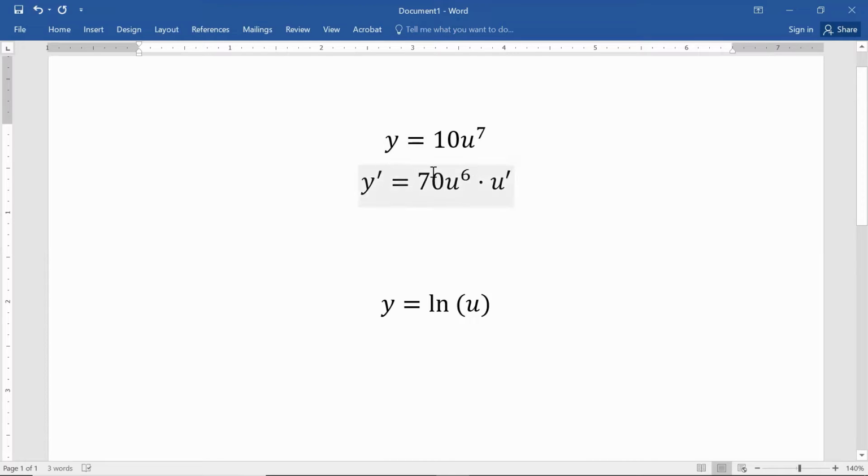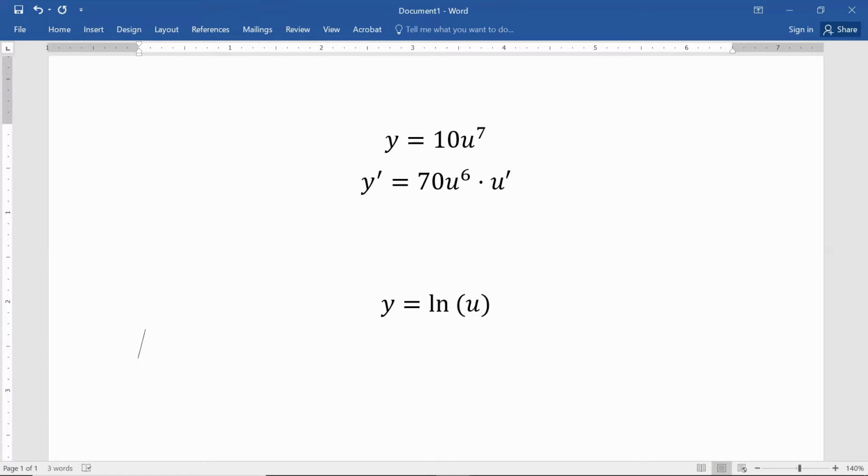So you can see what's going on if I'm willing to utilize the letter u as a variable for my inside function. I take the power rule just like I normally would, and then I multiply that result by u prime.